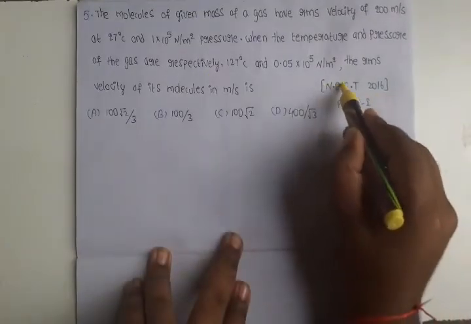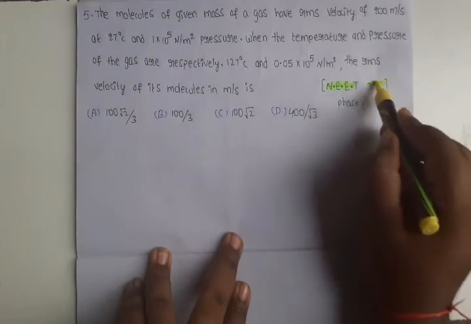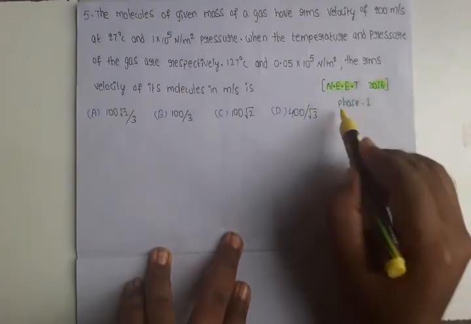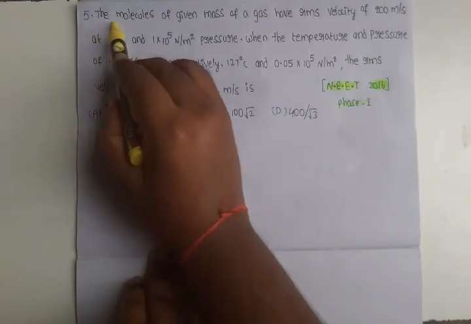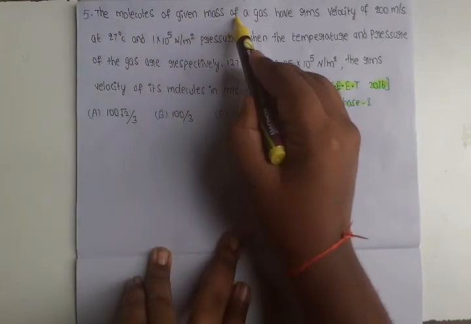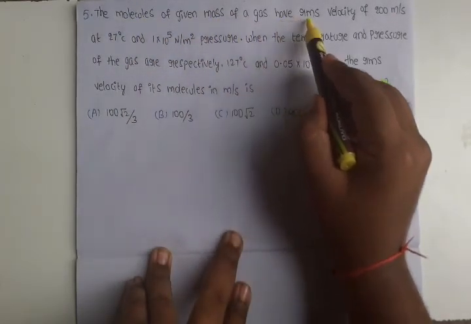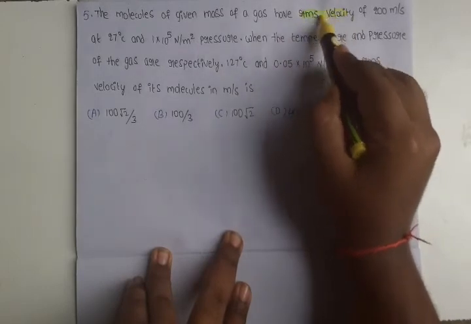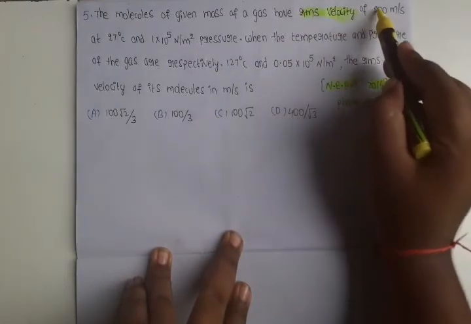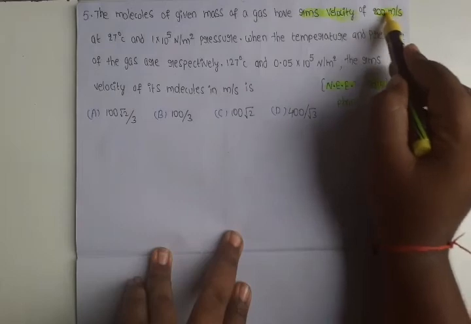Next question from NEET 2016 phase 1. The molecules of a given mass of a gas have RMS velocity of 200 meter per second.